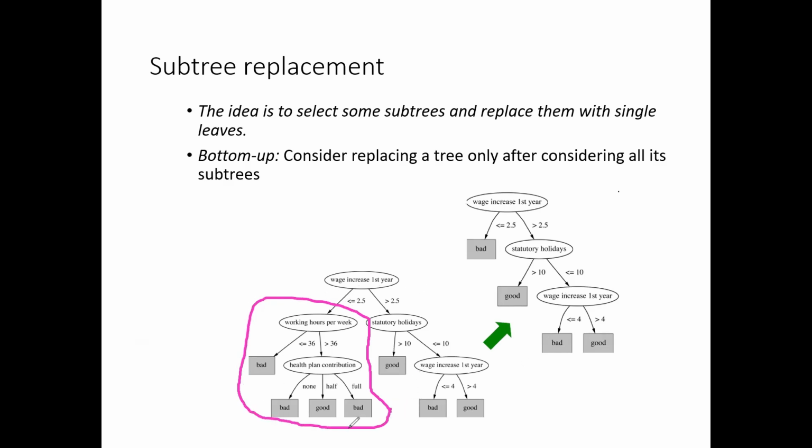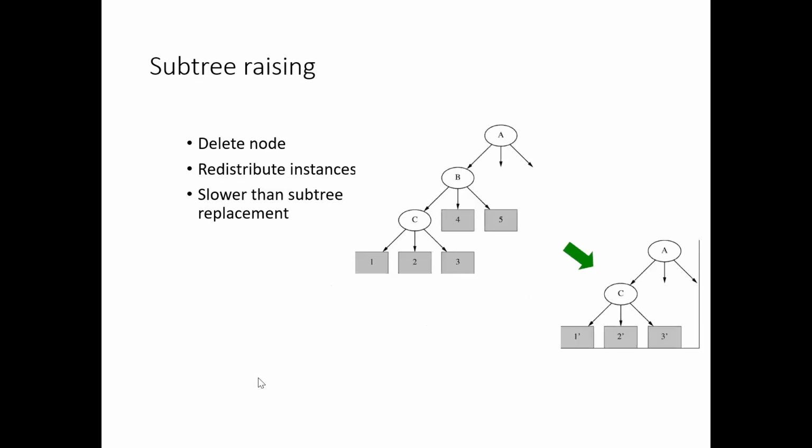This part of the decision tree we have replaced with bad, because you see there are a lot of bad outcomes, which means we can simplify and say this is bad. The next one is subtree raising. That means sometimes you can remove intermediate values. For example, in this one, we can remove the branch B, and then you will get the adjusted tree structure.